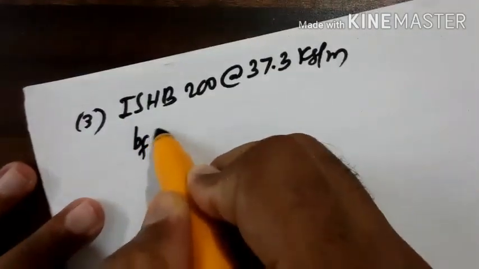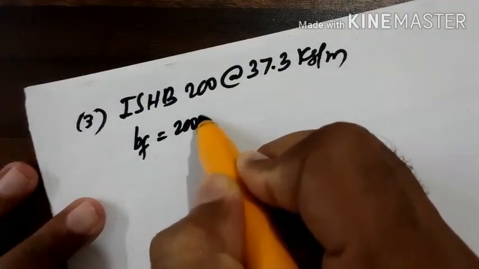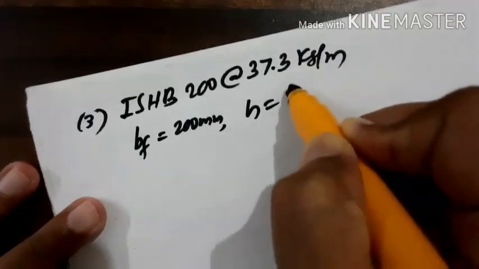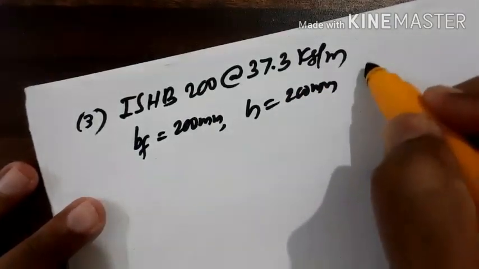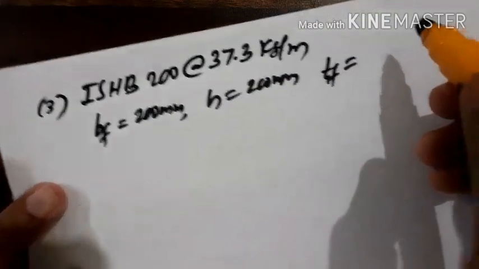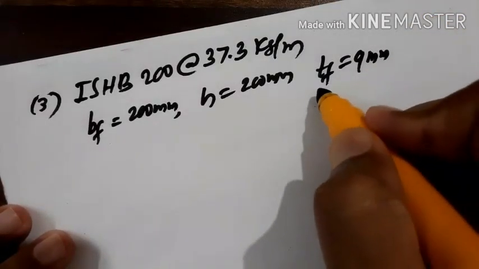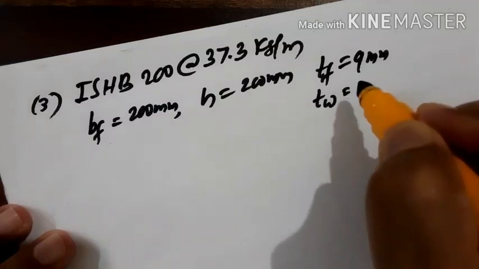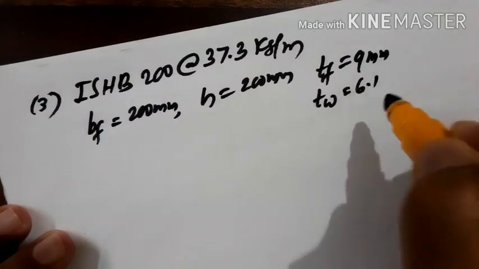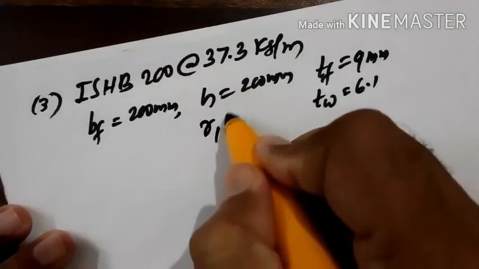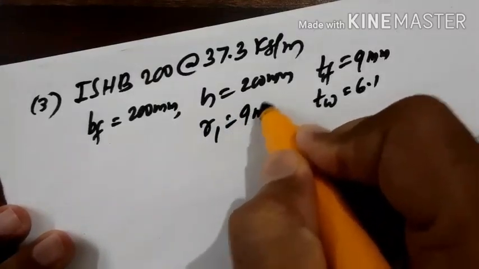So I'll be taking the width of the flange 200 mm, then the depth will be 200, then the thickness of flange will be 9 mm. These all are taken from the steel table. Then thickness of web 6.1, then the root radius you take as 9 mm.